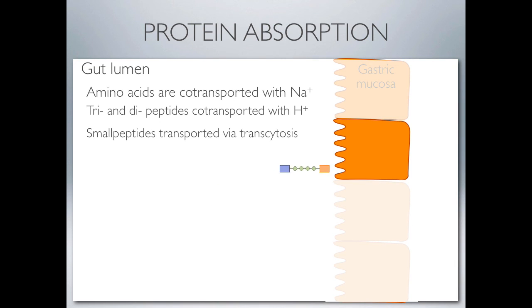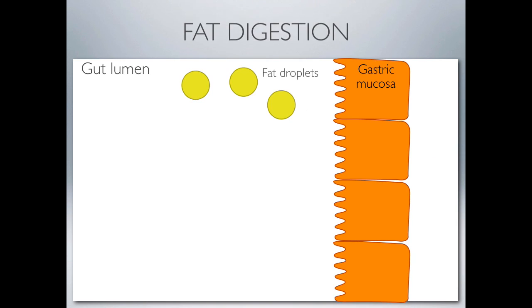And so it just kind of goes through like in a force field, making its way through the cell. Okay, so protein absorption is sort of like carb absorption, but with a little bit of a twist because you have slightly different handling for the di and the tripeptides, and then the larger proteins have to go through by transcytosis. All right, fats are a different story.